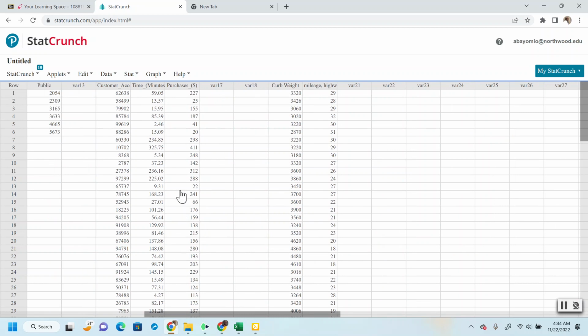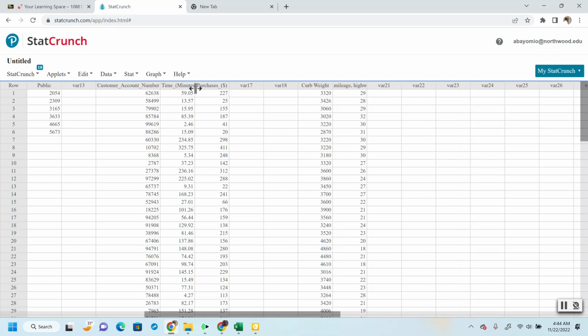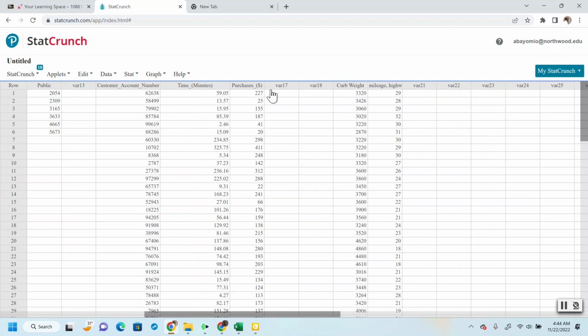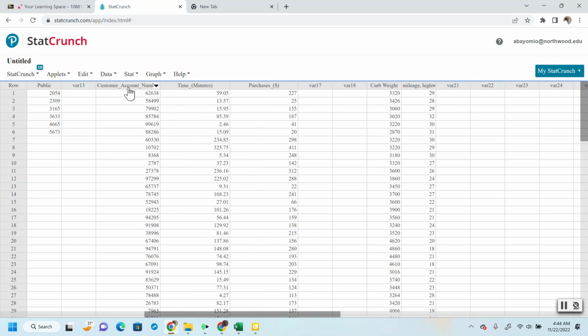I would like to look at the relationship between some columns of data here. You have the customer account number, which is totally not useful for us, the time in minutes spent looking at the catalog, and how much the person made. It will make sense to check if purchases in dollars depend on how much time you spend using the catalog.